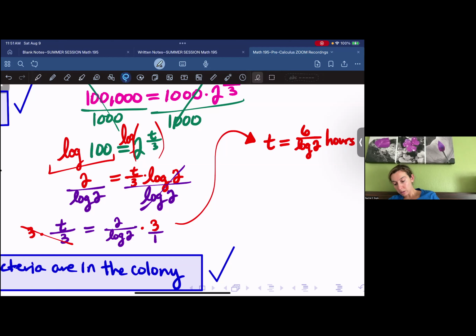But let's put this in numbers that we know and make sense of. So 6 divided by log of 2 will give us 19.93 hours, approximately.